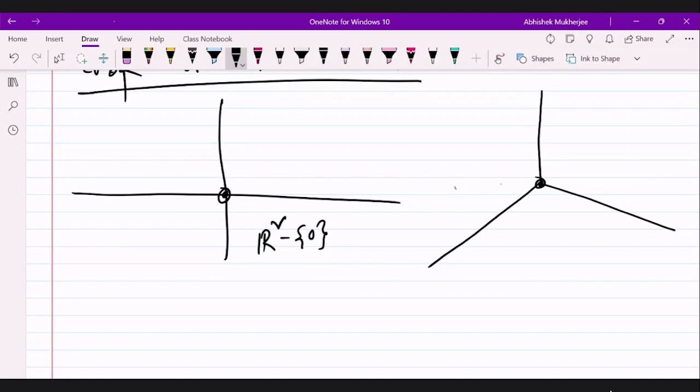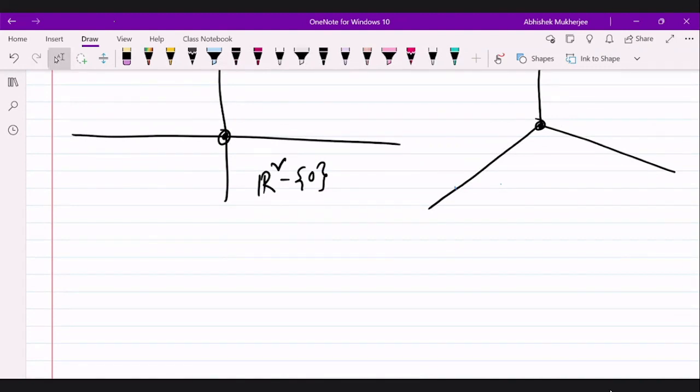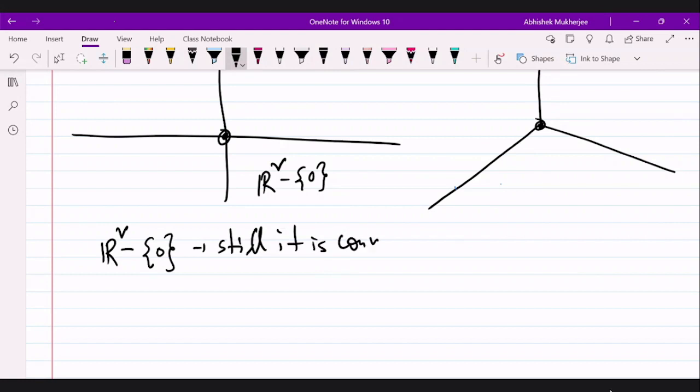Now, R2 minus 0 is still connected, right? Similarly, the case is true for R3 also.